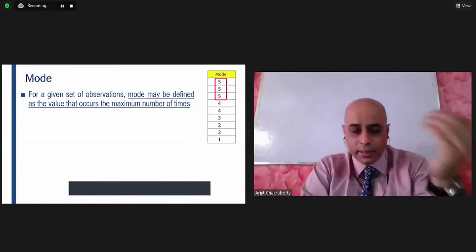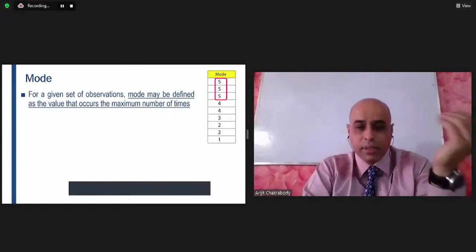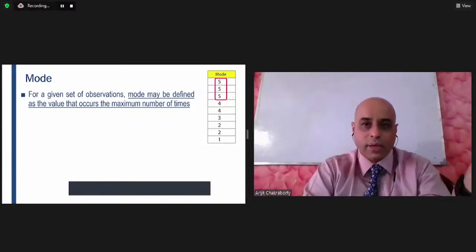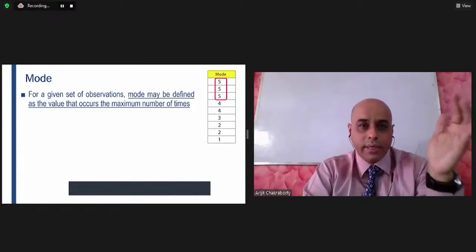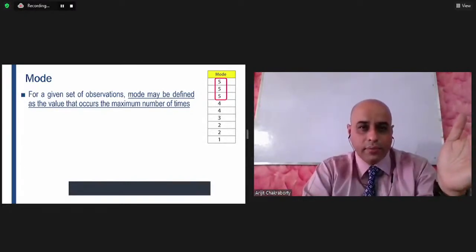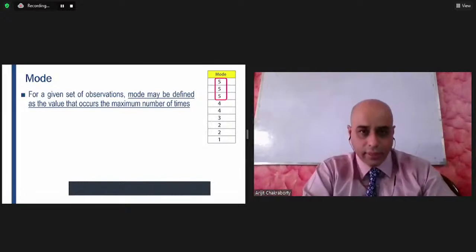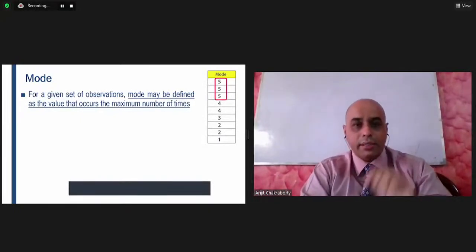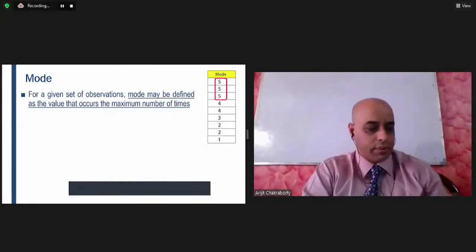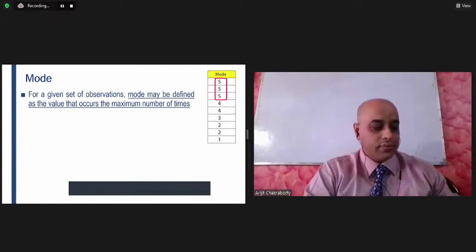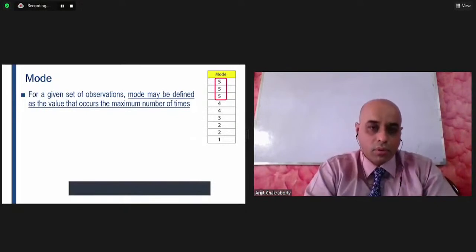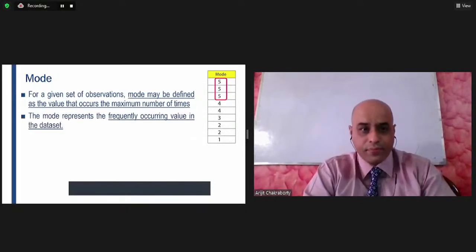That means I can say these numbers 1, 2, 3, 4, 5 are like random variables, so it can assume any value, but here we can see x equal to 5. There are 3 cases where x is equal to 5. In other words, the frequency of 5 is 3. 5 is appearing 3 times, and it is the maximum number of times in this group of numbers. Therefore, we can say that that is called the mode. Here, mode will be the number 5.